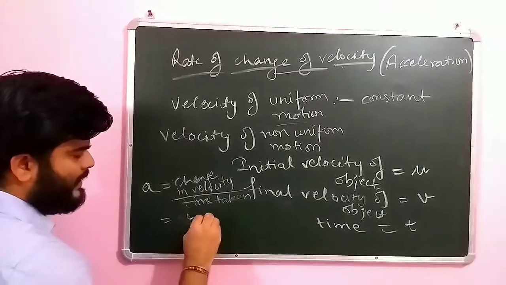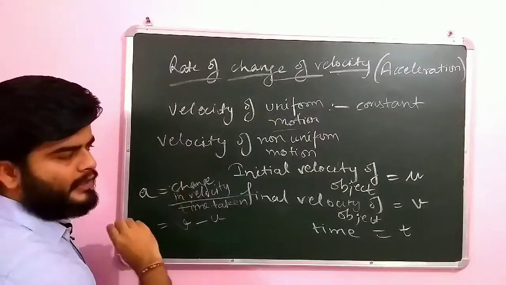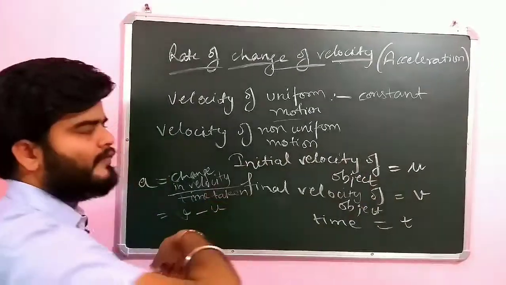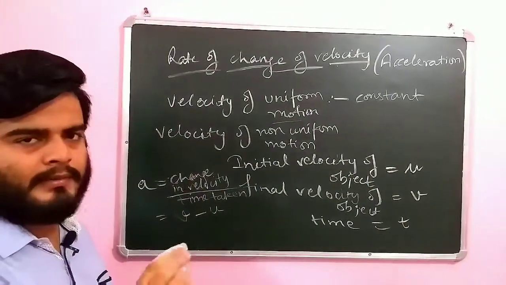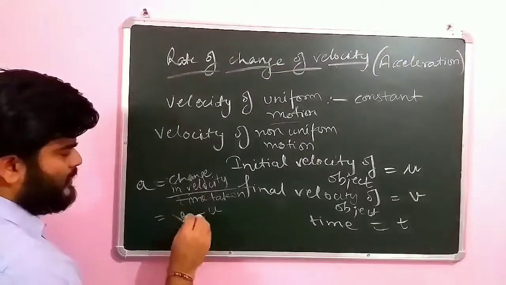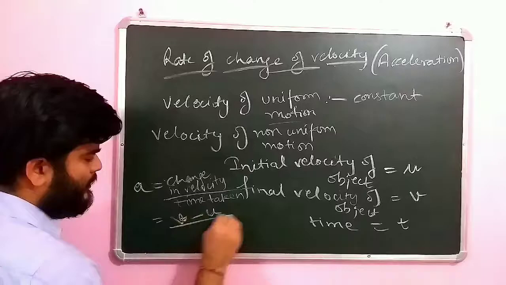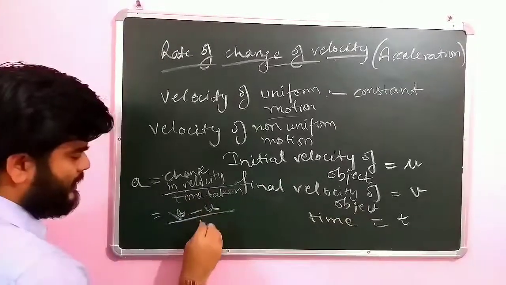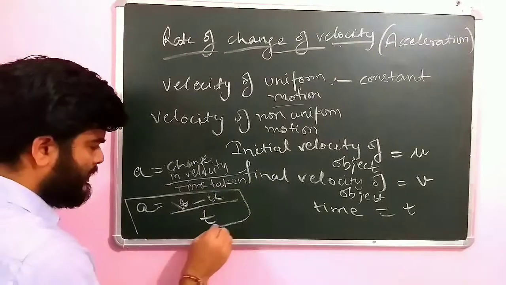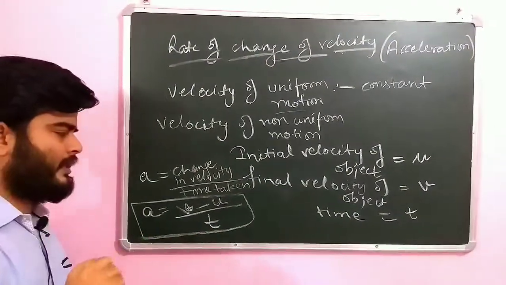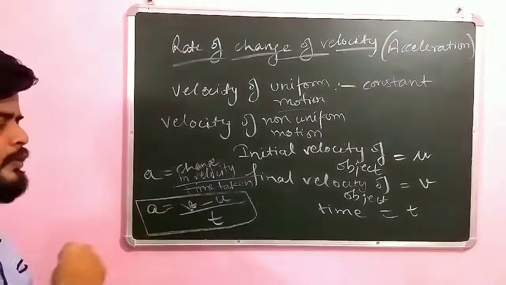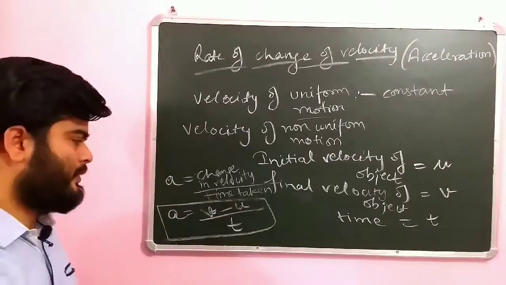Change is final minus initial. The final velocity minus the initial velocity will tell us the actual change in the velocity. So v minus u upon time taken, where time is t. So this is the relation between acceleration, velocity and time. A is equal to v minus u upon t.